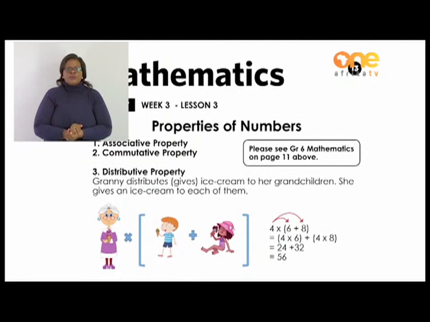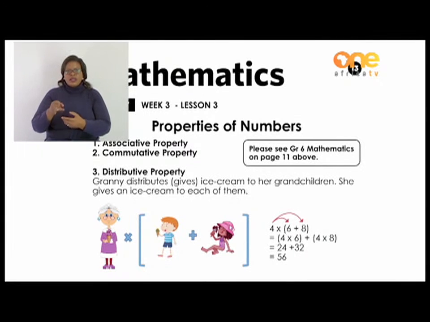So in a mathematical way, that can also be explained using that example which is there. 4 times 6 plus 8, and in that manner 6 plus 8 can also be inside the brackets. So to distribute 4 to those numbers inside the bracket, you can expand and say 4 times 6 and 4 times 8 until you get to the answer.